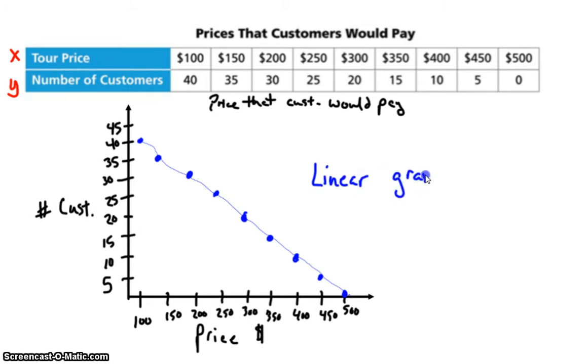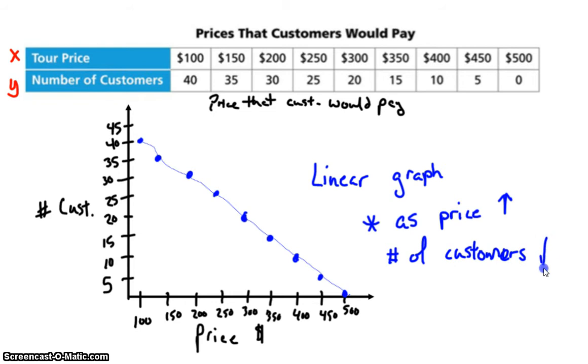It is a decreasing linear graph. So the relationship here would be as price increases, number of customers decreases. And this would be one example of a linear equation or linear graph.